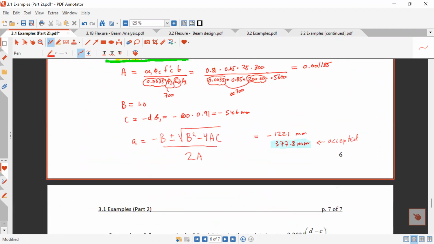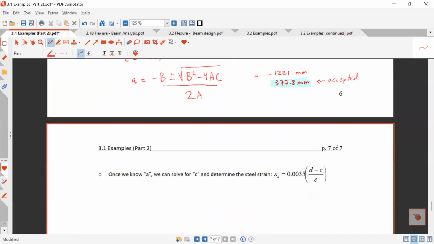Let's continue now. Once we know A, we can solve for C and determine the strain epsilon S. So where's our C value?